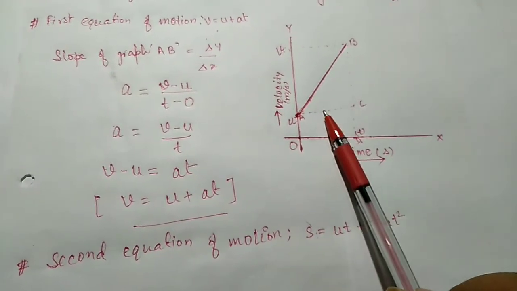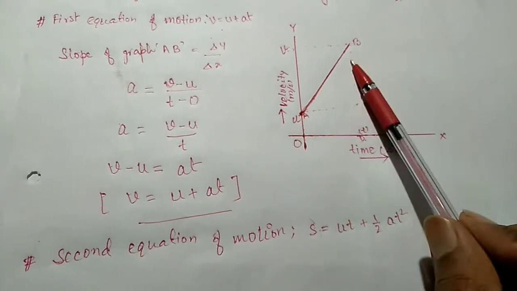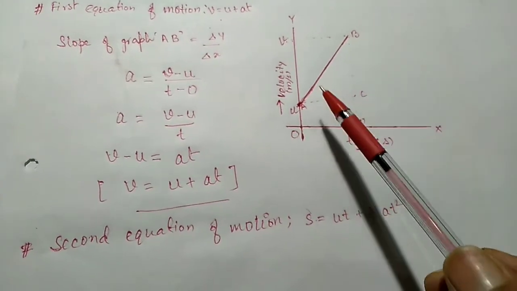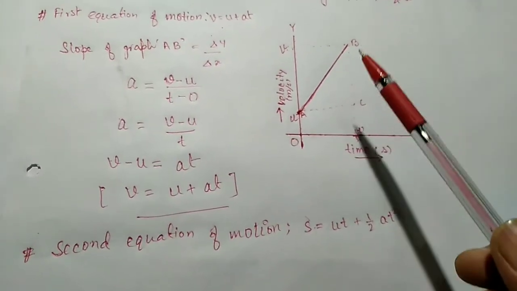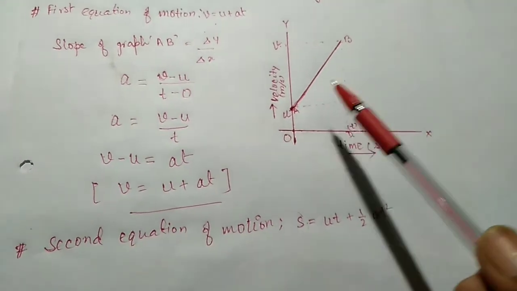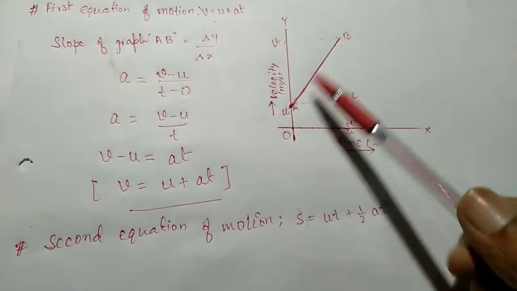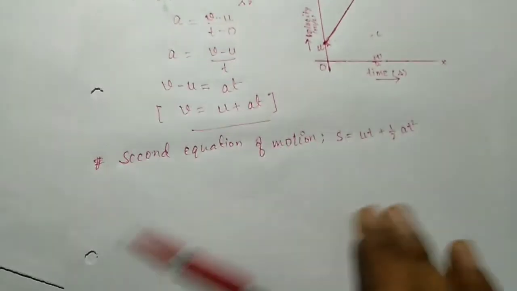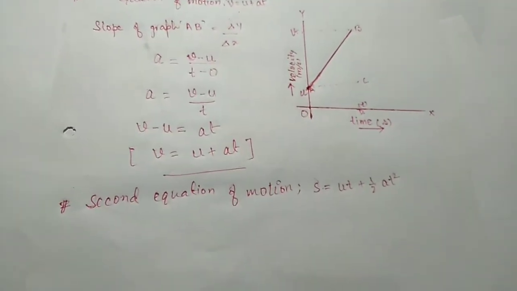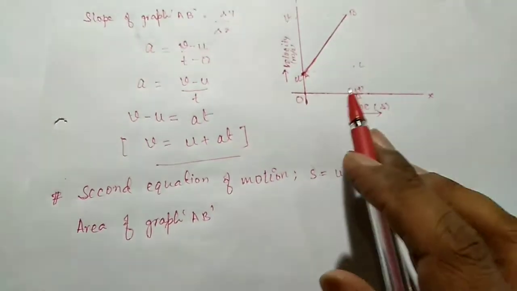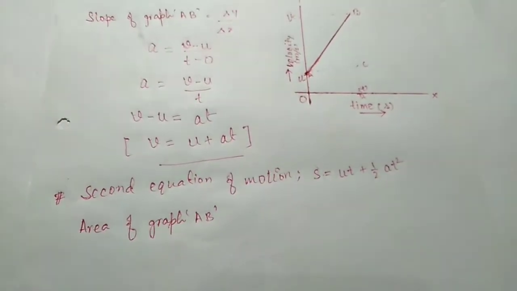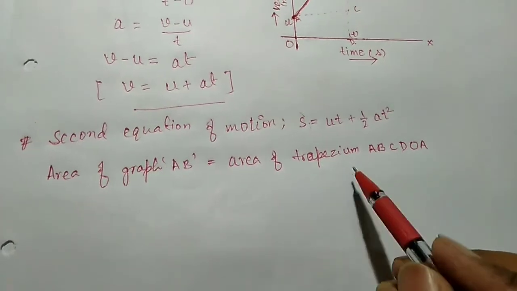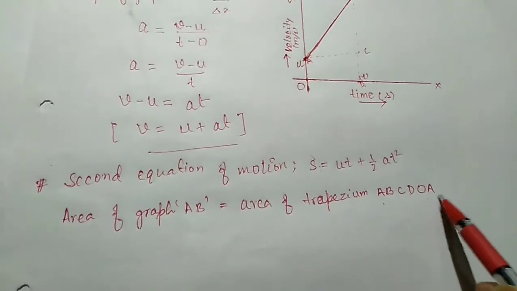The displacement of the object from A to B. We are using this graph, so let's calculate the area, meaning let's calculate the displacement traveled by the object from A to B point in the time of 0 to t. So we are going to calculate what? The area covered by AB. So the area of graph AB is what? This is equal to the area of trapezium ABCD OA.